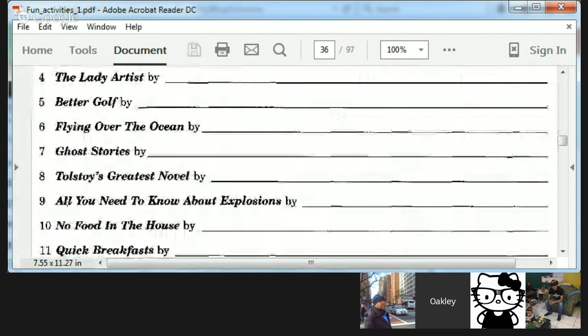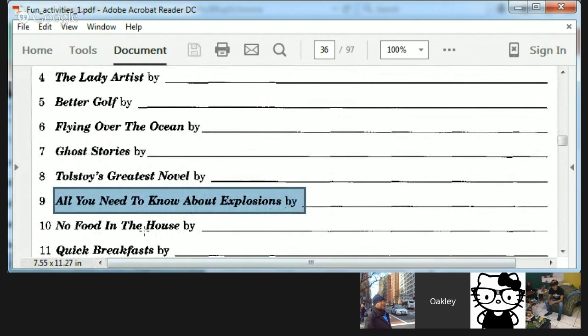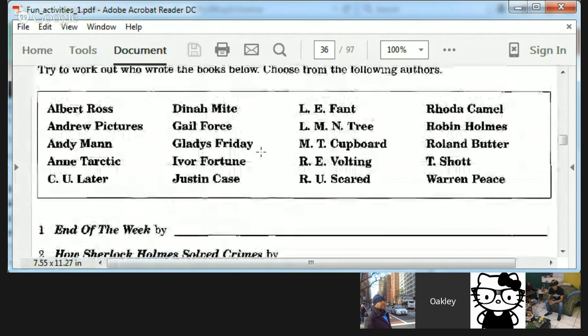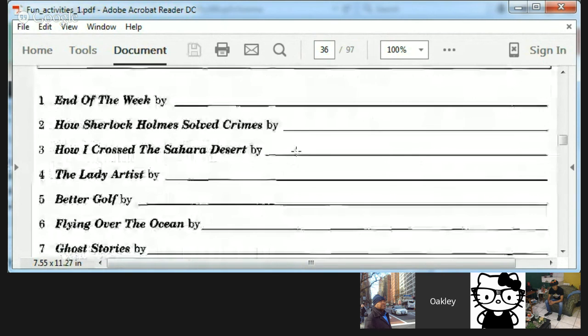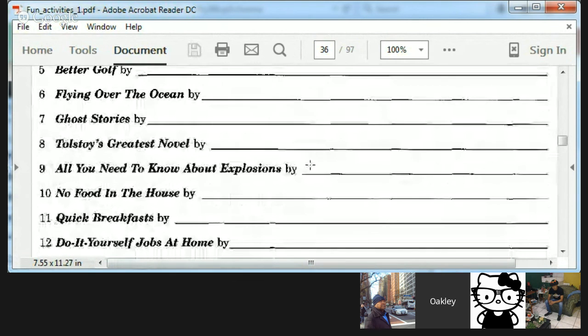You got it. Okay. You can get this one, Philip. Dynamite. Okay. All you need to know about explosions by Dynamite. Obviously, sounds like dynamite. Okay. Egbert? Okay.